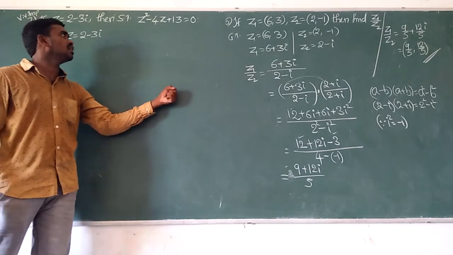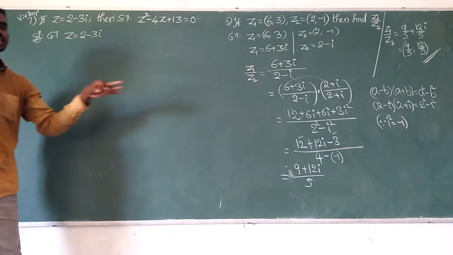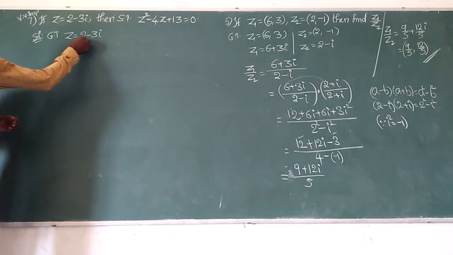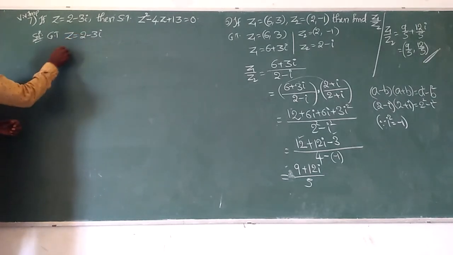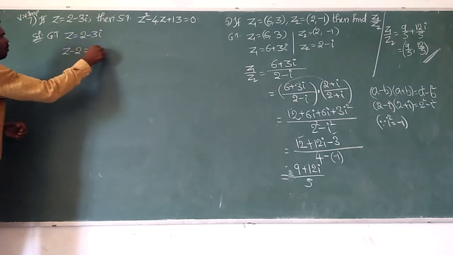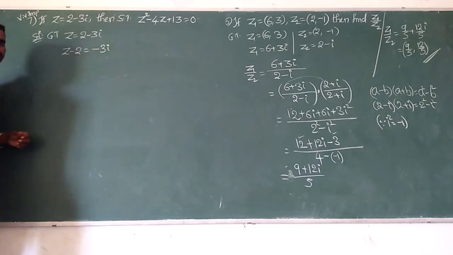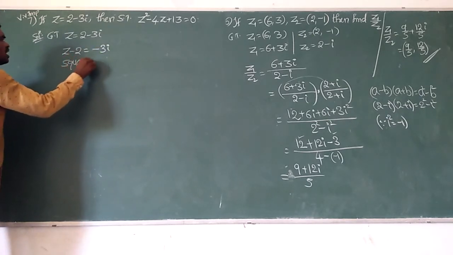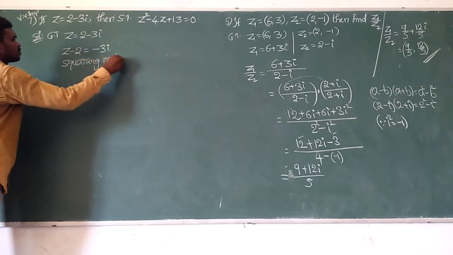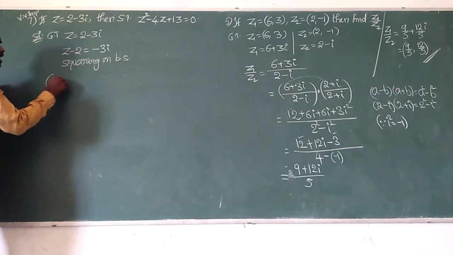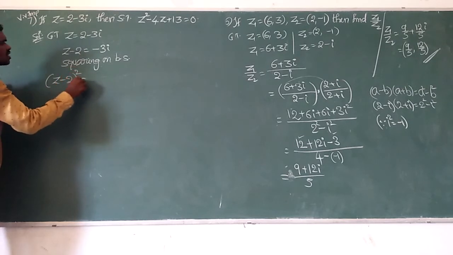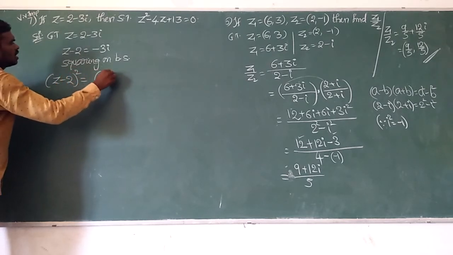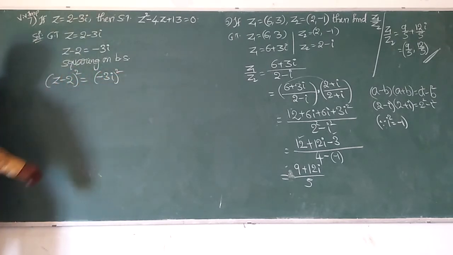The second method is very easy. Bring the 2 to the left side, so z minus 2 equals minus 3i. Squaring on both sides.